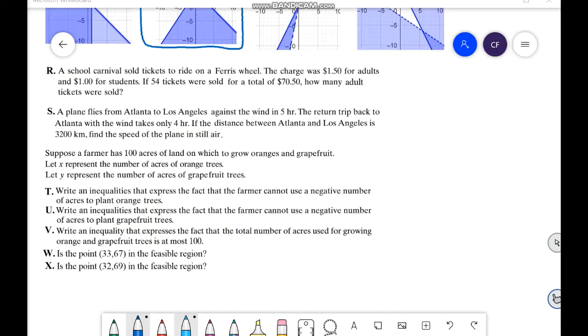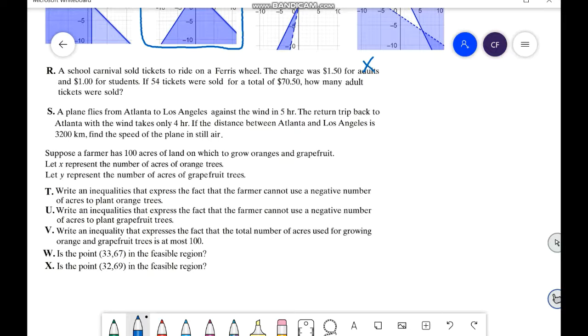Okay, Kalia? Letter R. A school carnival sold tickets to ride on a Ferris wheel. The charge was $1.50 for adults and $1 for students. If 54 tickets were sold for a total of $70.50, how many adult tickets were sold? We have to write down a system of linear equations to solve this. So let's write down here.